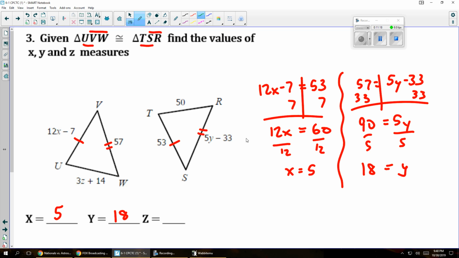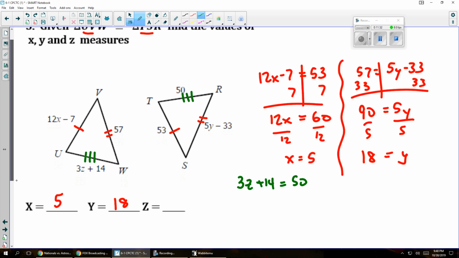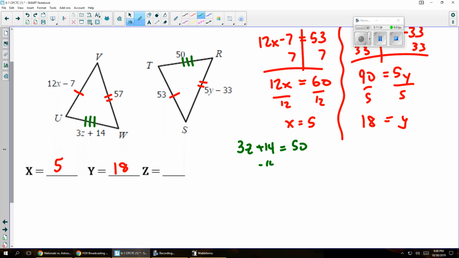Finally, the last part, I know that the first and third letters, UW, go with TR. So 3z plus 14 equals 50. Subtract 14. 36 is 3z.